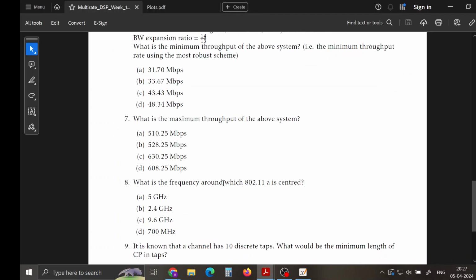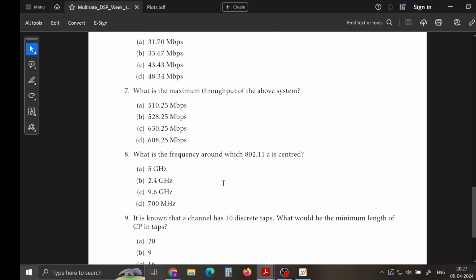Now quickly go to the next one. What is the center frequency of 802.11a? 802.11 is a wireless network standard set by the IEEE committee, and there could be different specifications depending on whether it is 802.11a, 802.11g, 802.11b, and so on.